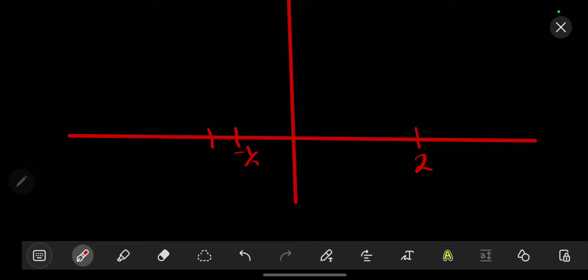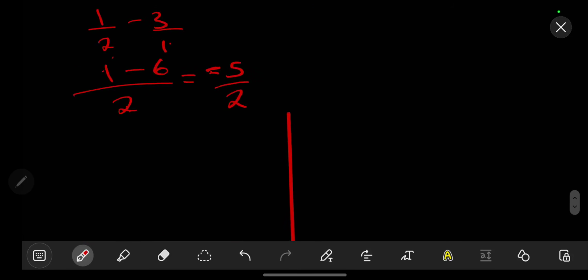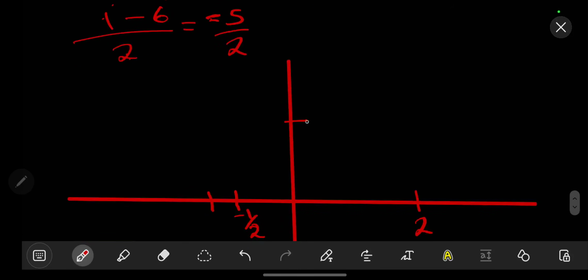So we have a negative half like that. Then this 2 is corresponding with 5. So we are going to go at 5. Go there. We are going to get something like this, a dot. Then when we go at negative half, this gave us a value equivalent to negative 5 over 2.